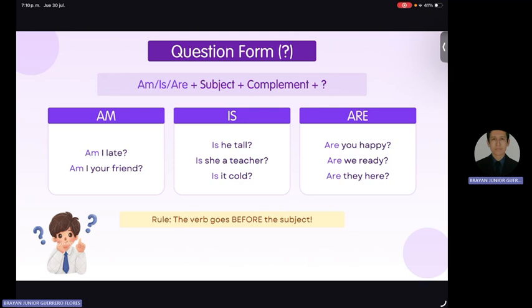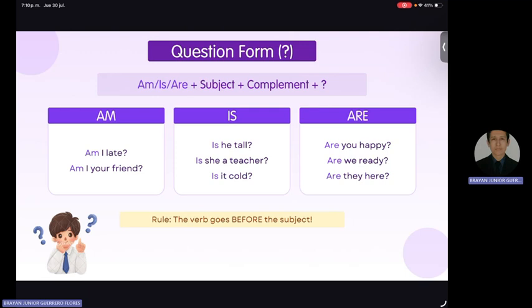You start with the verb to be, am, is, or are, plus the subject, plus the complement, plus, of course, the question mark. So, for example, you don't use I am late. No, you have to use first the verb to be: Am I late?